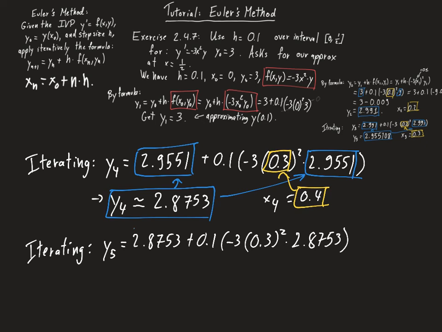As usual, I'm going to stick to my color coding scheme to make sure that it's very clear what I'm plugging things into. And this is going to give, when I punch this into Google, that y5 is approximately equal to 2.737.